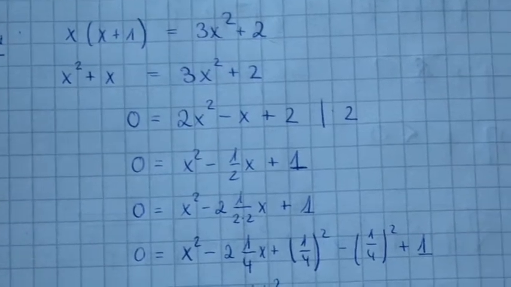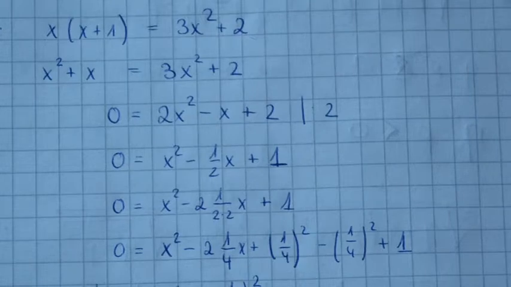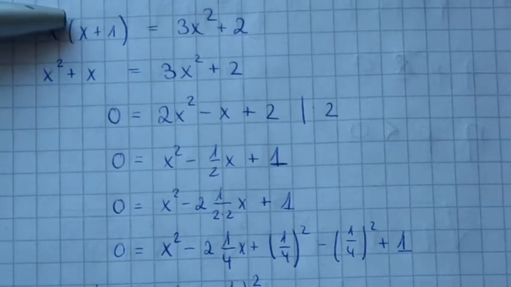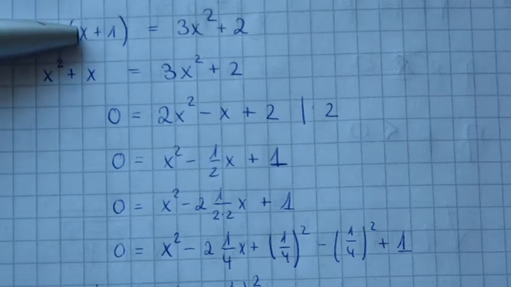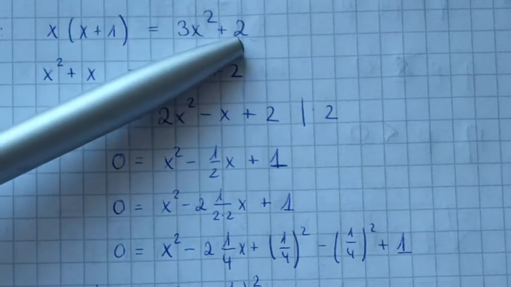Okay, this is the second example. I will just put it in the right place. Okay, now let's begin again. We have here now a bracket. Okay, x times, open the bracket, x plus 1, close the bracket, equals 3x squared plus 2.